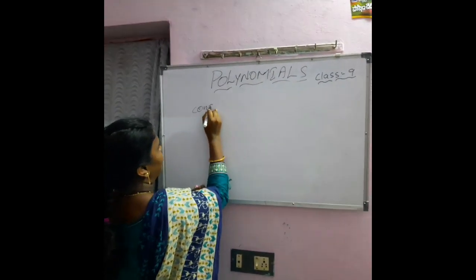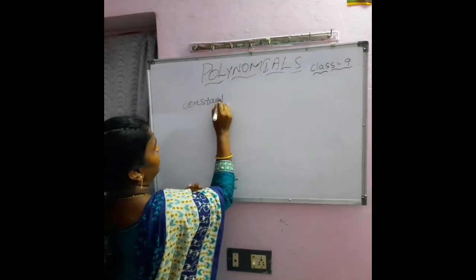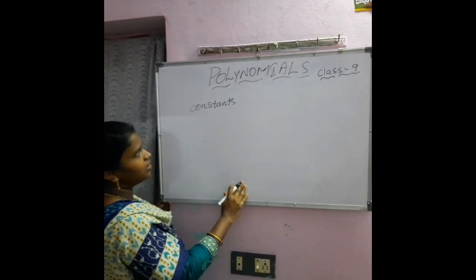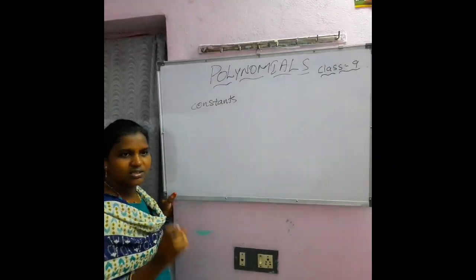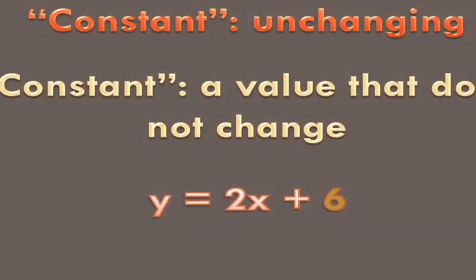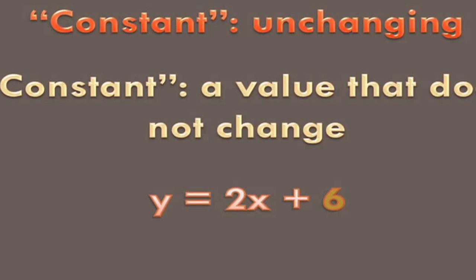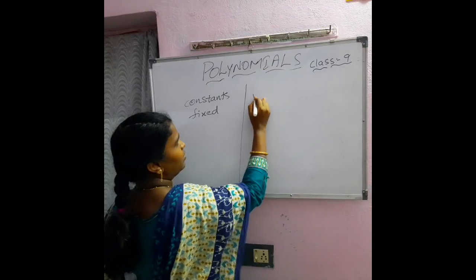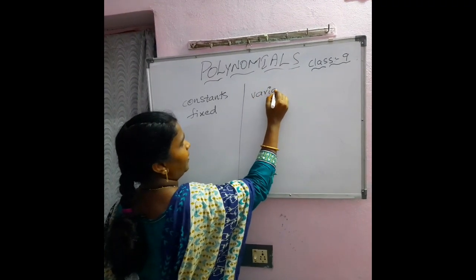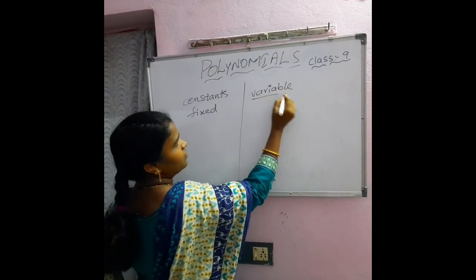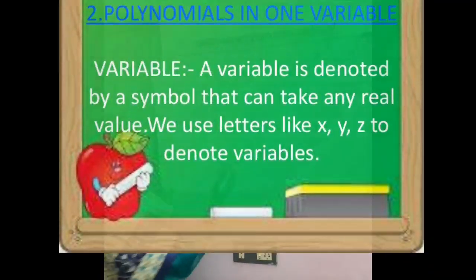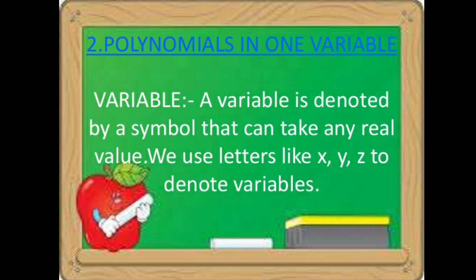Constants. By the name itself we can see that it is constant, it is fixed, it does not change. Whereas variables are nothing but things that vary. From the word itself we can see that it varies, it is not fixed, it changes.